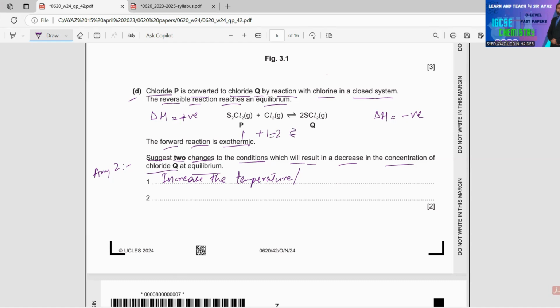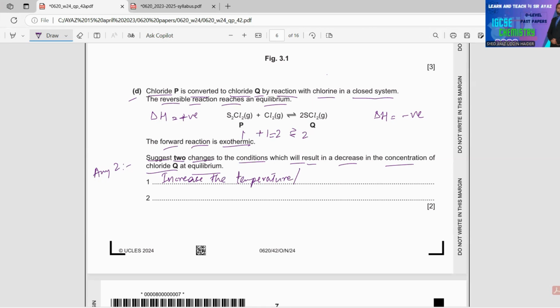On the right hand side, we are again having 2 moles. So it means we are having the same moles of gas molecules on both sides of the equation. So the effect will be zero, no effect in the change in the pressure.